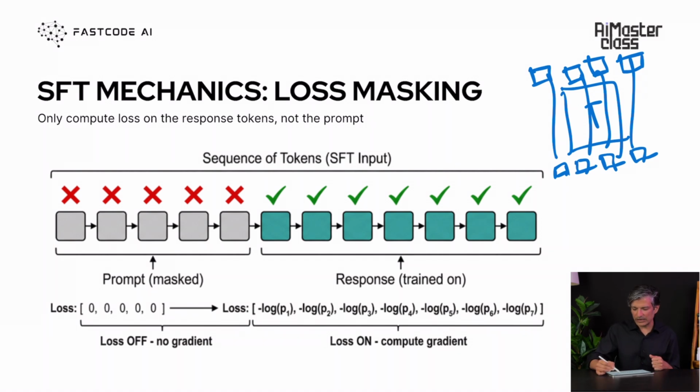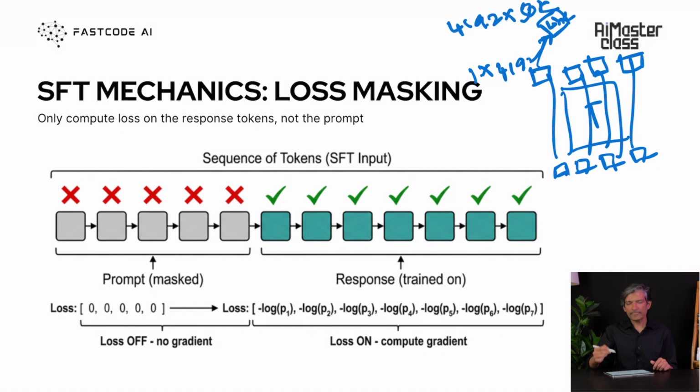Now we put them into a linear head, and then the softmax, and then the entire vocabulary, right? If you remember, we spoke about this linear head. This embedding may be 4192, so one row and 4192 columns, and then we have a linear head which goes from, say, 4192 to 50k.